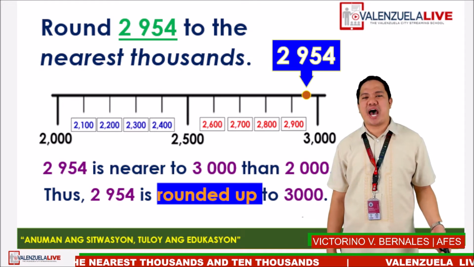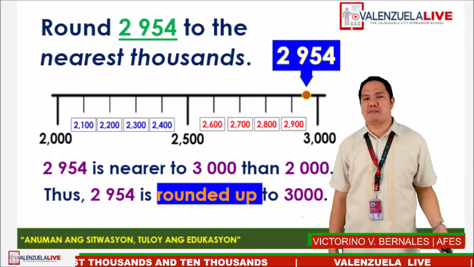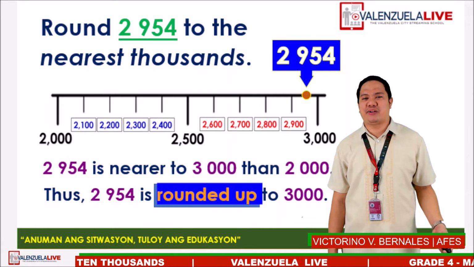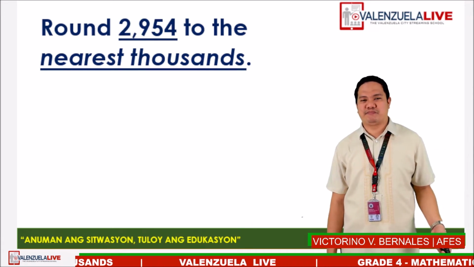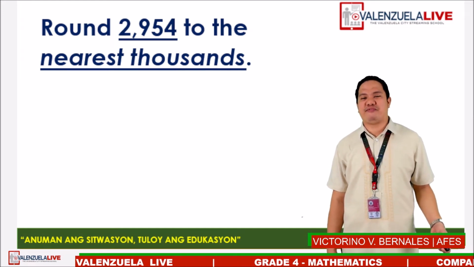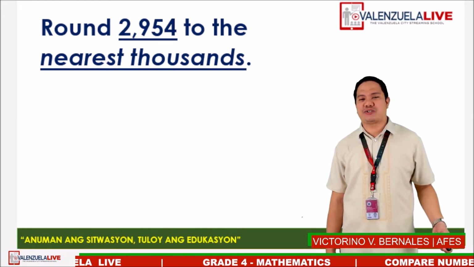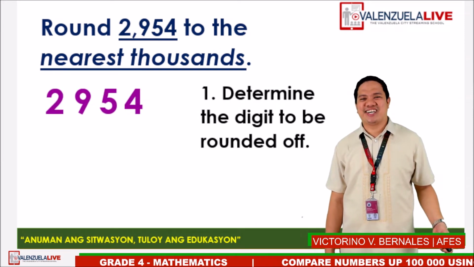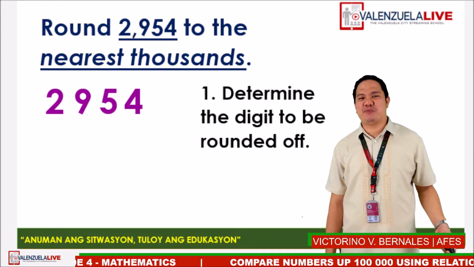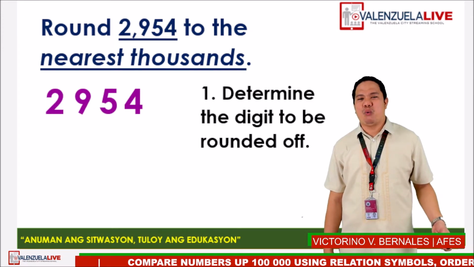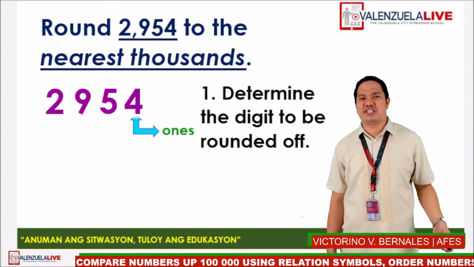Let's try another way on how to round numbers, and by this time, using your knowledge about the place value. Again, to round 2,954 to the nearest thousands, we have to first determine the digit to be rounded off by identifying what digit is in the thousands place.